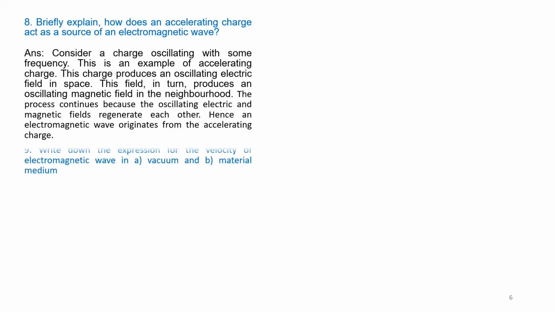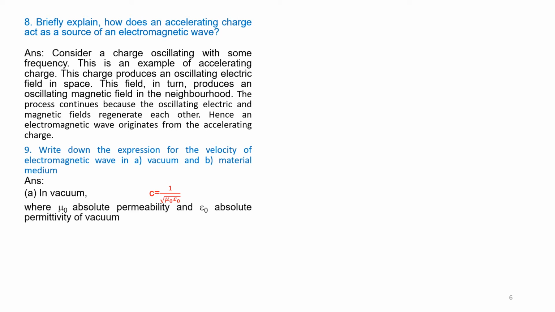Question number 9. Write down the expression for the velocity of an electromagnetic wave A, in vacuum and B, in a material medium. Answer. In vacuum, the relationship is c equals 1 over the square root of mu naught epsilon naught, where mu naught is the absolute permeability and epsilon naught is the absolute permittivity of vacuum.